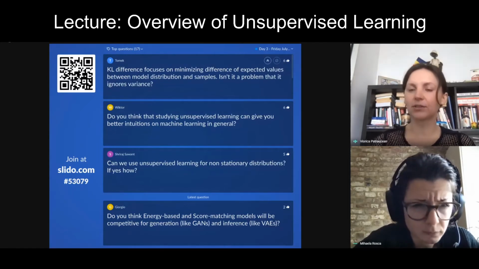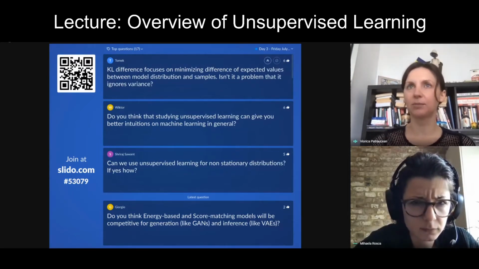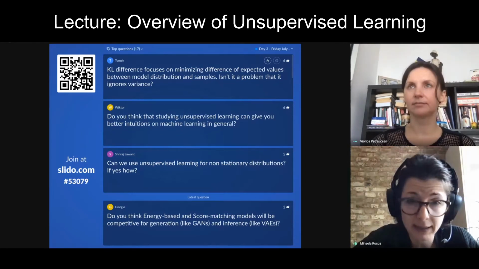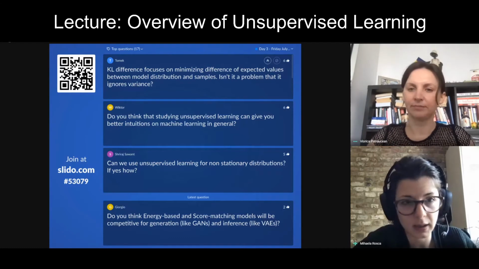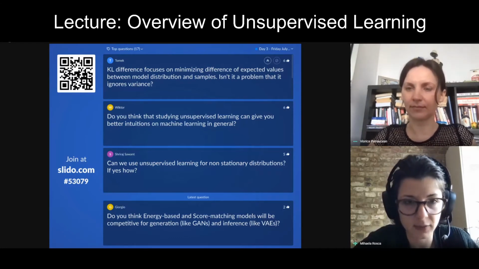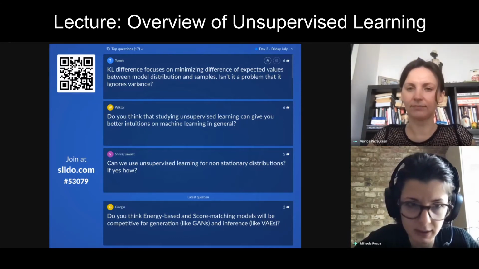KL divergence focuses on minimizing the difference of expected values between model distributions and samples. Isn't it a problem that it ignores variance? The KL divergence, so what do you mean by that? In terms of differences of expected values, this is what we saw for the Wasserstein distance.